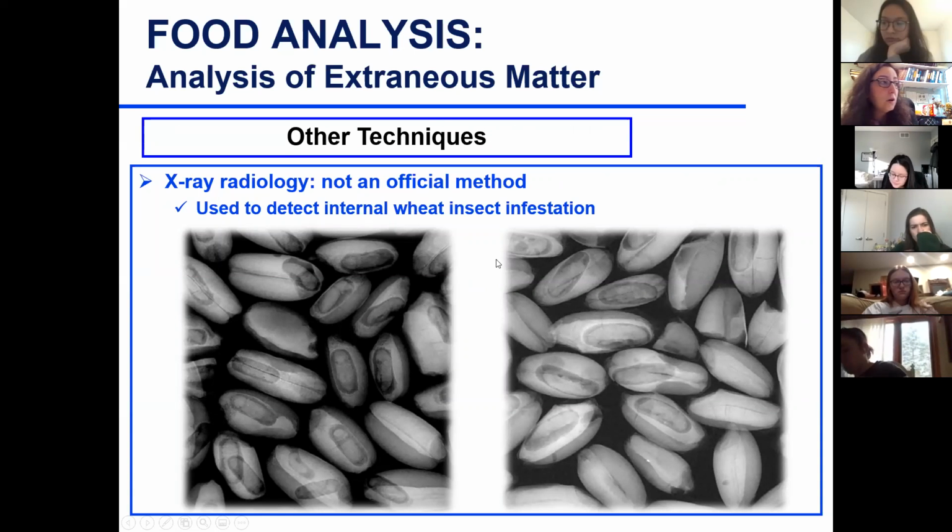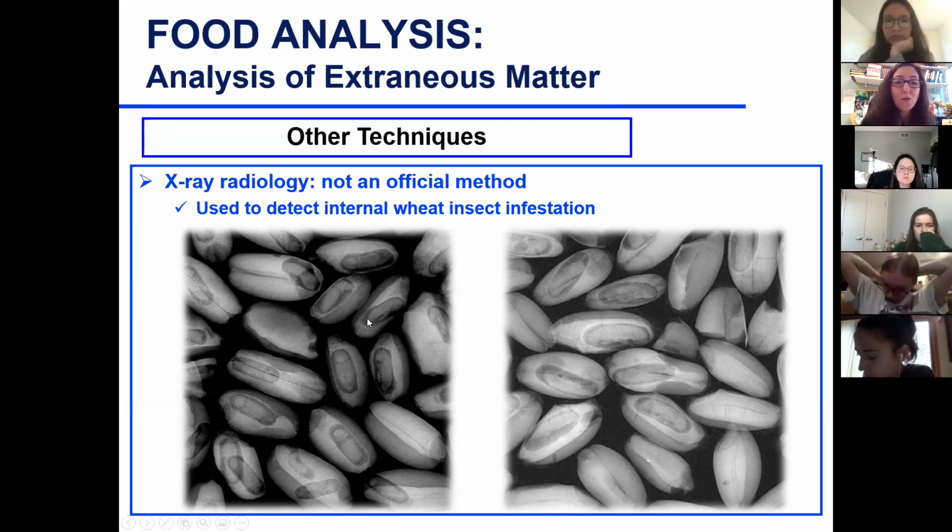X-ray, these are for insect infestation in kernels. So this is wheat kernels. You can see the larva of the insect inside of the kernels. And it is okay to have about 30 kernels in 100 grams that would have insect. That is the defect action level.